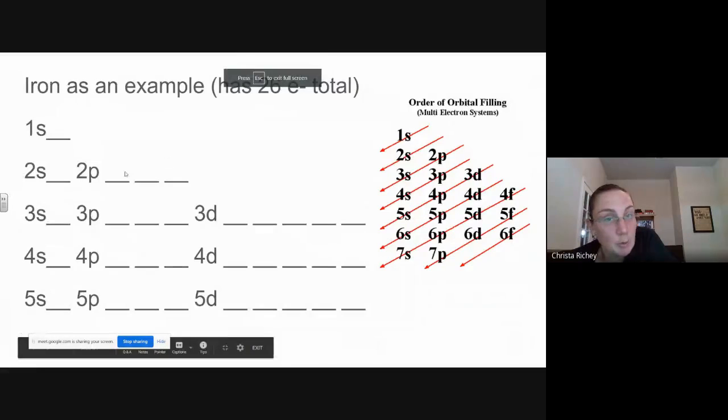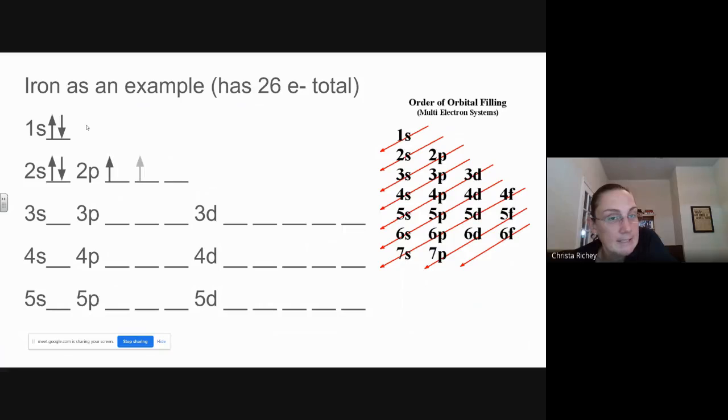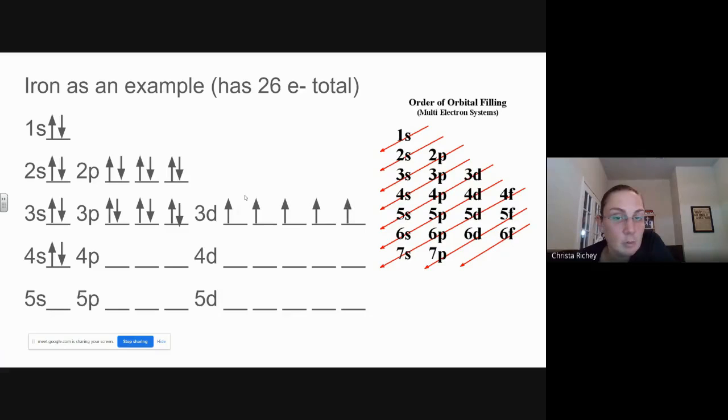Okay, so 26, we've got 1, 2, 3, 4, 5, 6, 7, 8, 9, 10, 11, 12, and I got to go to P, 13, 14, 15, 16, 17, 18. After 3p is not 3d, it is 4s, and I just lost my count. 1, 2, 3, 4, 5, 6, 7. Okay, so 19, 20, 21, 22, 23, 24, 25, 26.